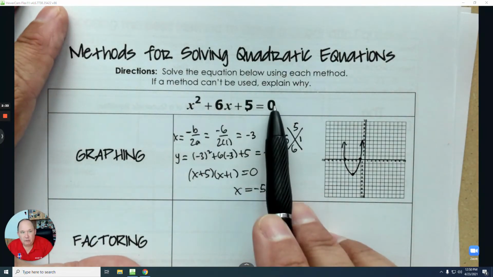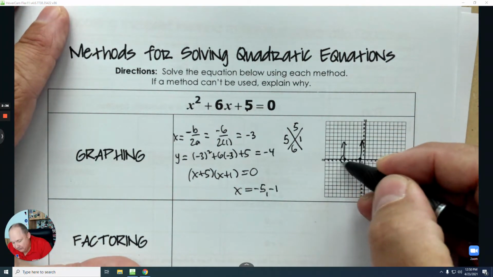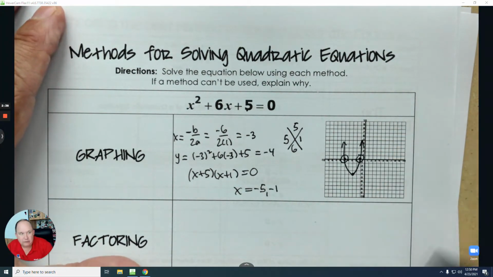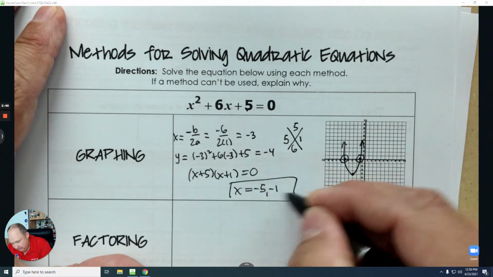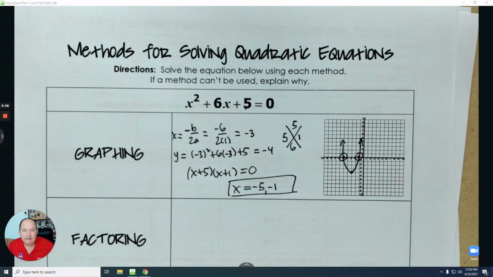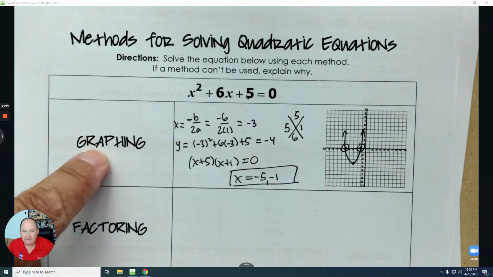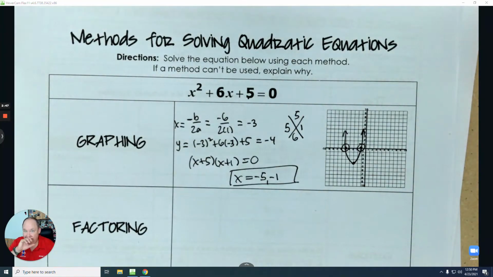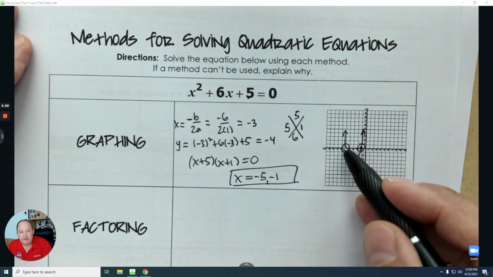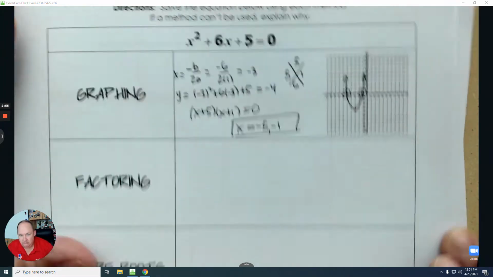If I'm solving a quadratic equation, the x-intercepts are my solutions, just so you know. So this is my answer right here. To use graphing to solve an equation would be the least likely, but to know how to interpret a graph to solve it is essential. So it's essential that you know that the x-intercepts are the answers you're looking for.